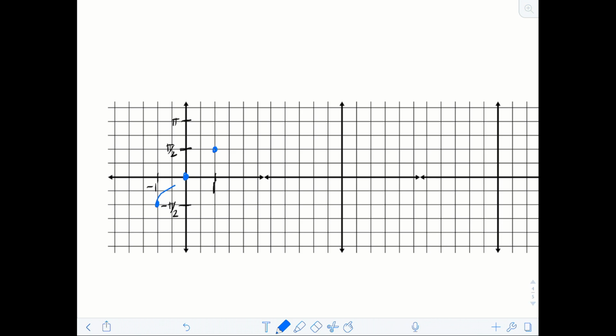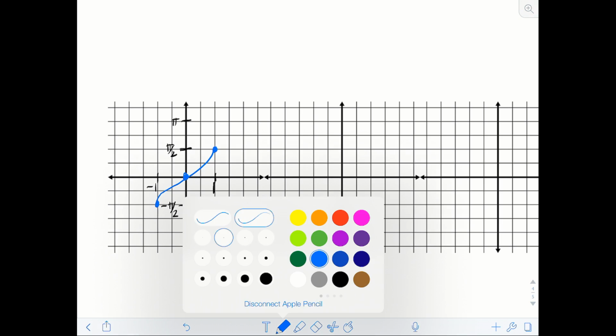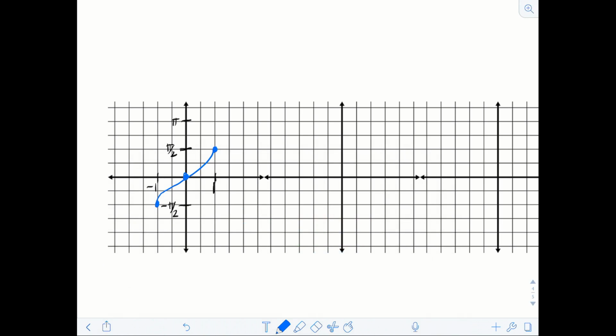And then we get a curve that looks like this. For cosine, same deal. I'm going to set up the same way, -1, 1, but instead of doing negative pi over 2, I'm going to do pi over 2 and then pi. So I'm going to go from 1, 0 at pi over 2, and then -1 at pi. So we end up getting the curve that looks like this.